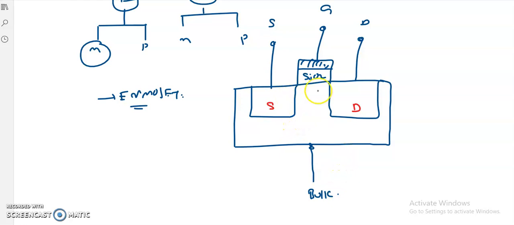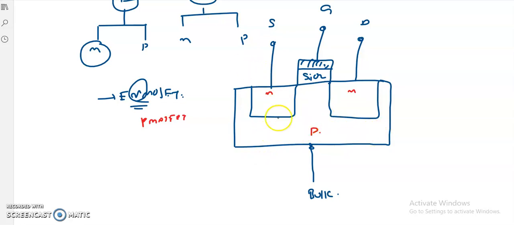If it is an N-type MOSFET, then the source and drain, both these two, are N-type material or N-type extrinsic semiconductors, and the substrate or bulk is P-type. The reverse case is applicable to P MOSFETs. If it is a P MOSFET, then the source and drain are P-type and the substrate is N-type. That is the difference.